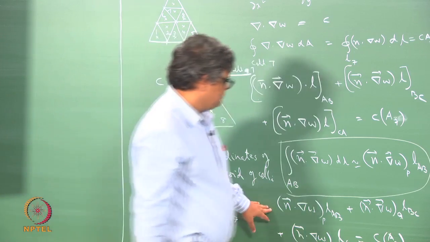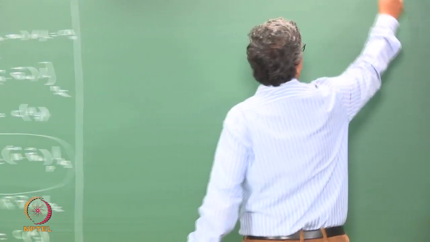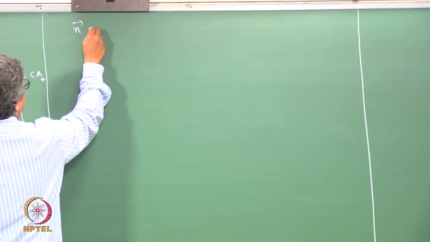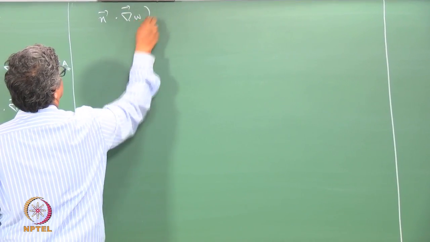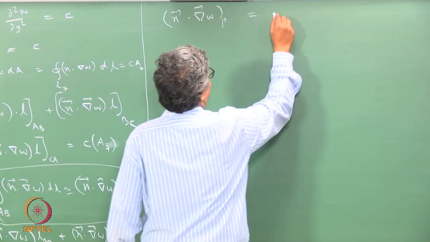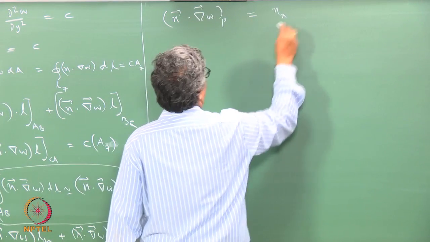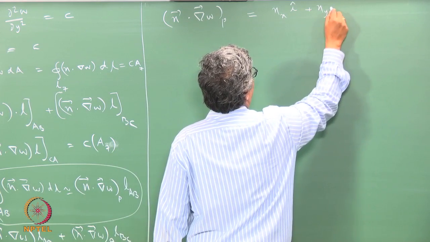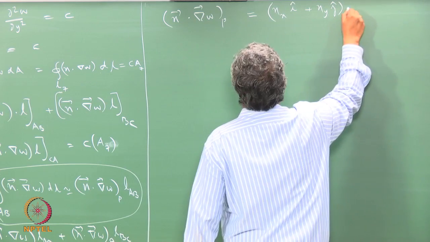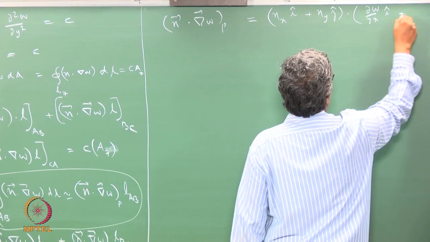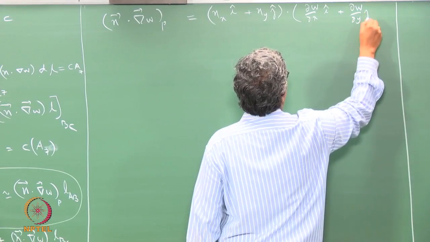Now if you are looking at point P here, we can write this as the normal vector, nx its x component plus ny its y component, dotted with dou w by dou x i plus dou w by dou y j.